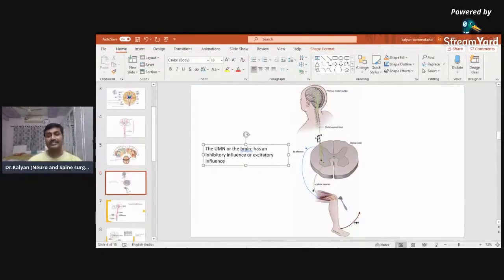Suppose I remove, ablate, the UMN. What happens to the reflex arc? Does it overact or does it underact?